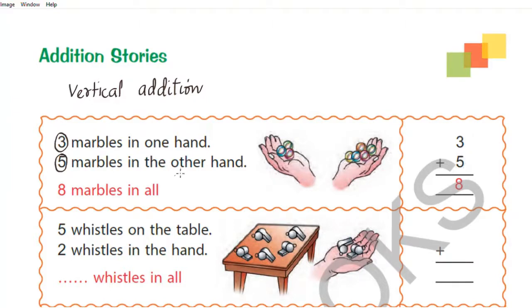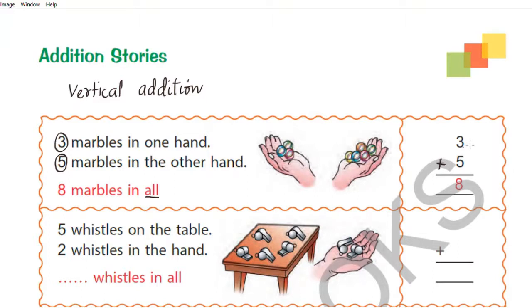Okay, now see the word that shows what we have to do. And here we can see the word is all. And all shows addition. That's why we have put here the sign of plus. And we are going to do addition by vertical addition. So 3 plus 5, you can do it by vertical addition.